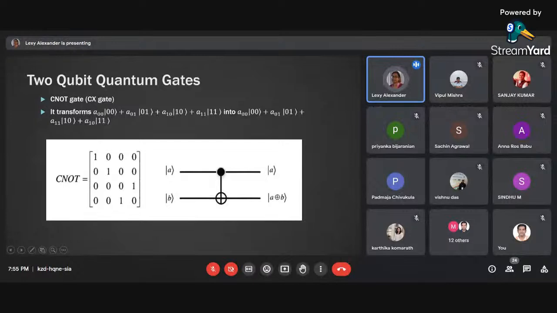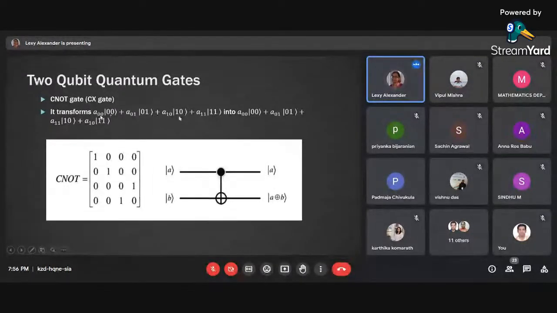So if you have a 2 qubit system, we have A00|00> plus A01|01> plus A10|10> plus A11|11>. What is it doing? It is easy. You see the first qubit. If it is 0, it will not do any change. So A00|00> will map to itself, and A01|01> will be mapped to itself. But if the first qubit is 1, it will flip the second qubit.